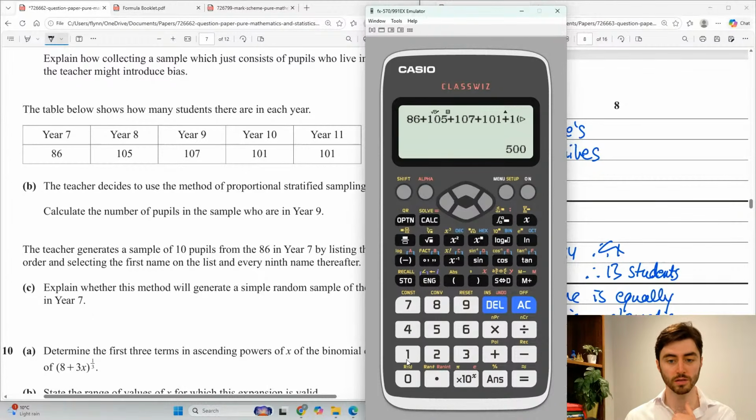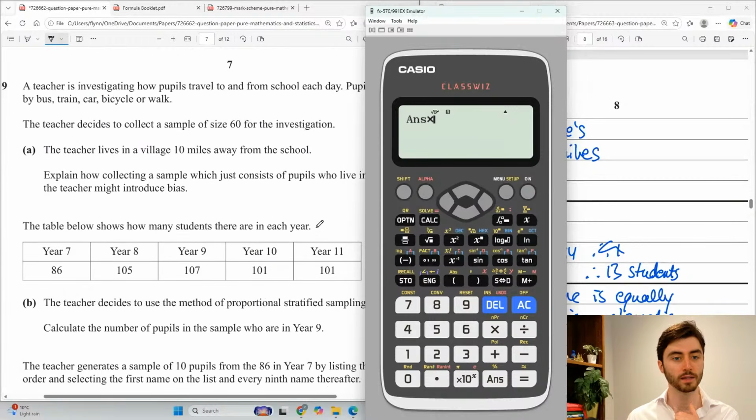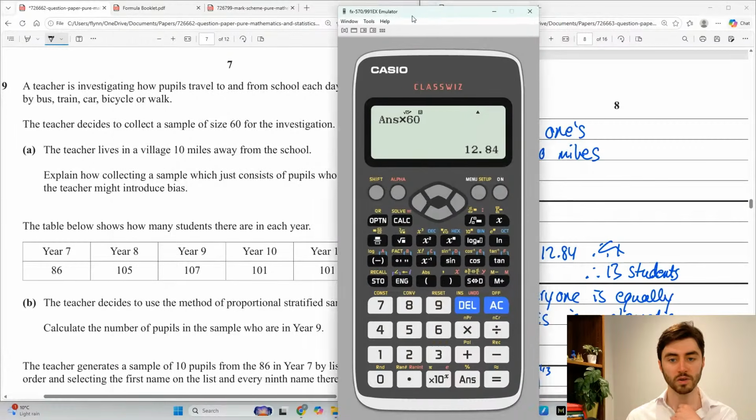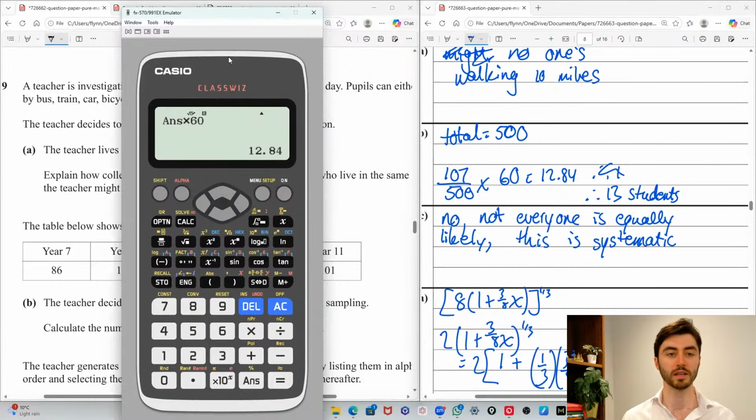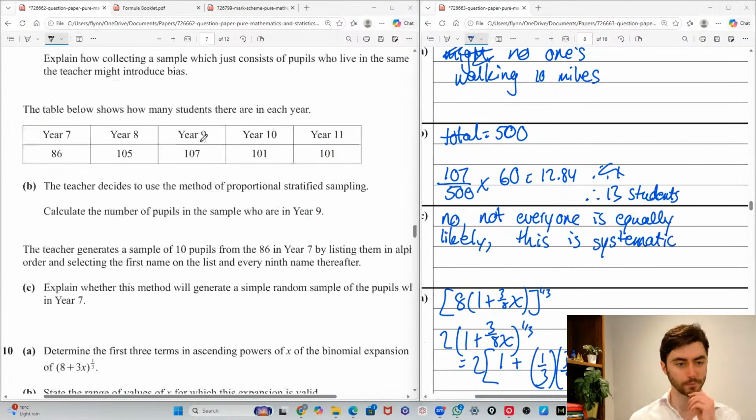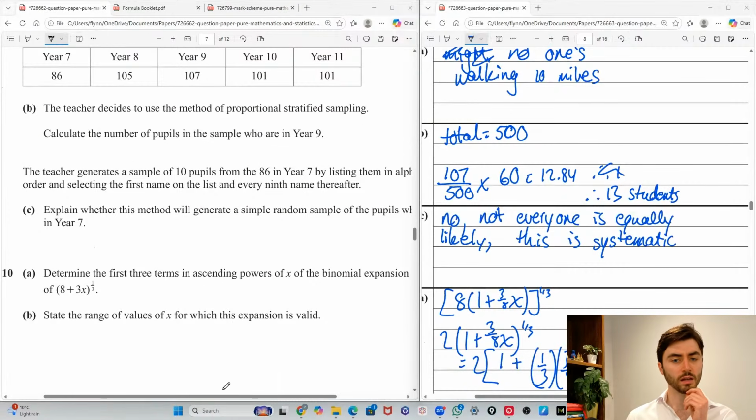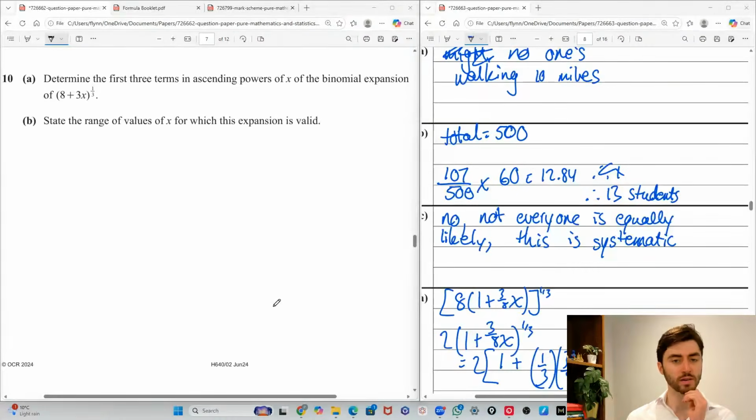We want your 9. So 107 divided by that thing is the proportion times the sample size of 60 we want to find. It is 12.84, which basically is 13 students have to be in that. And then explain something. No, I don't think I shall.